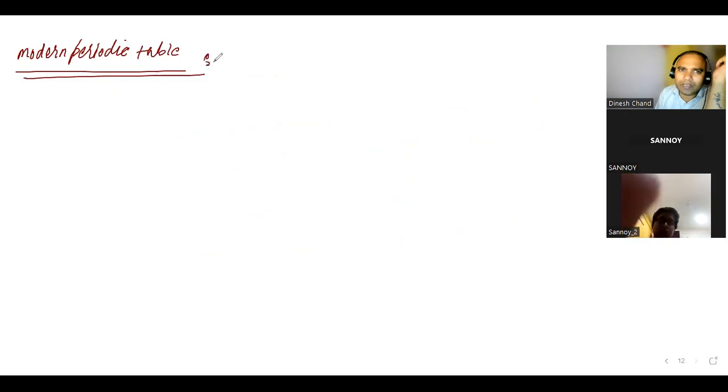Now let us go to the modern periodic table. This was given by Henry Moseley only. Firstly, he was studying the spectroscopic properties.